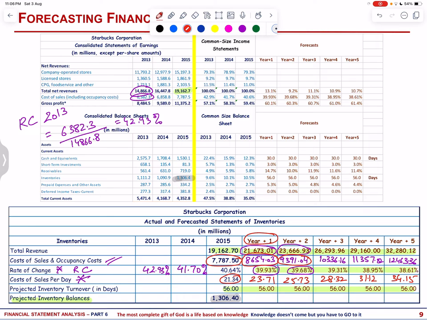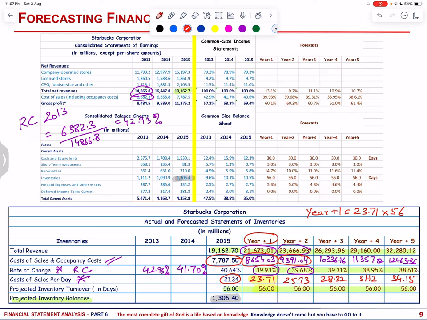For the forecast it will be the cost of sales per day times projected inventory turnover in days, that is 56. So for year number 1, this will be 23.71 times 56.